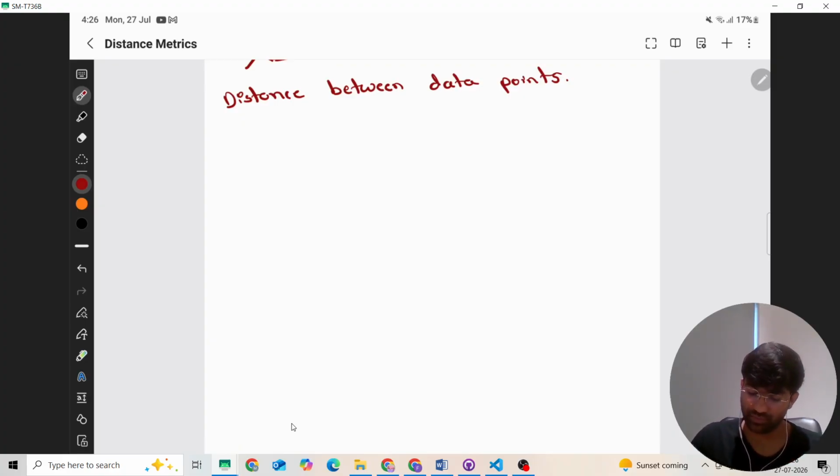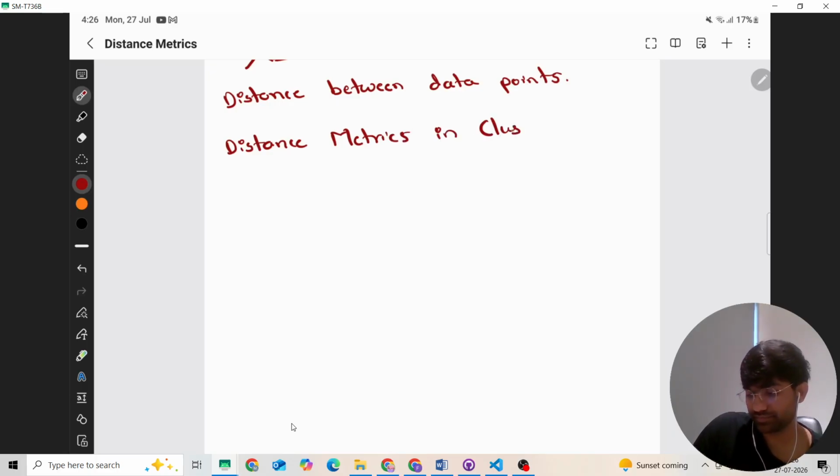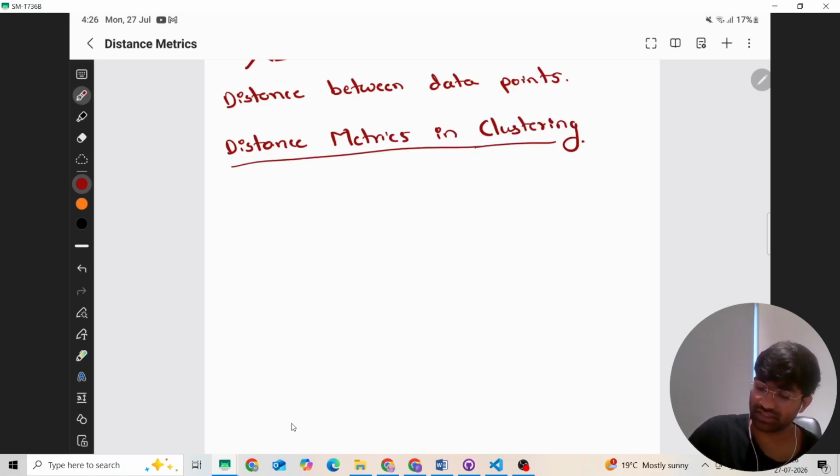And there are a few methods in clustering to find the distance between data points. That is known as distance matrix in clustering.